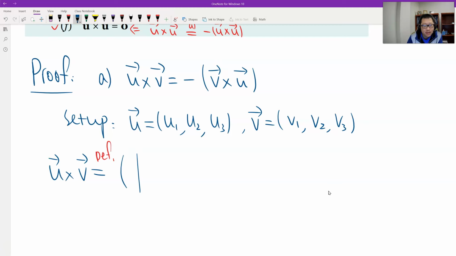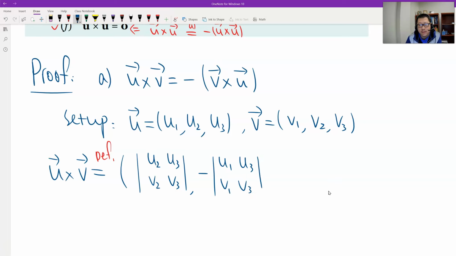The first component is U2, U3, V2, V3 (we don't have U1, V1). The second is negative, and we don't have U2 and V2, so it is U1, U3, V1, V3. One more, we don't have U3 and V3, so it is U1, U2, V1, V2.